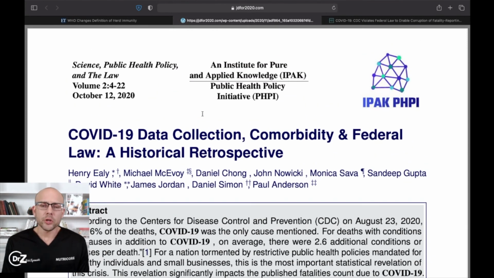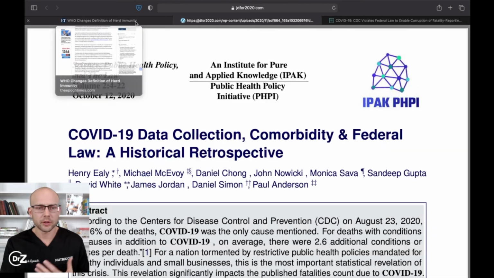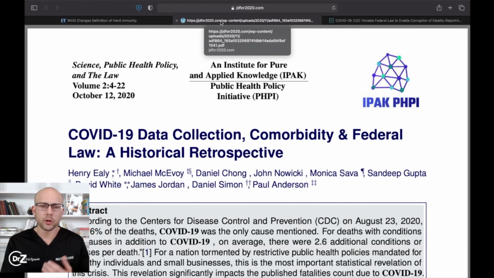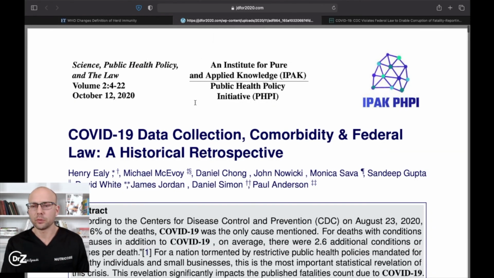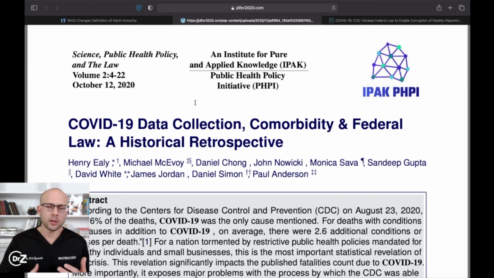Now, when you start to really put this whole picture together and you look at the fact that they're changing things, the definitions of like herd immunity, and they're over here changing the way that they're reporting deaths, and then a lot of these hospital systems and physicians are being financially incentivized to basically label somebody as COVID-19 because they'll make more money if the death is from COVID-19.